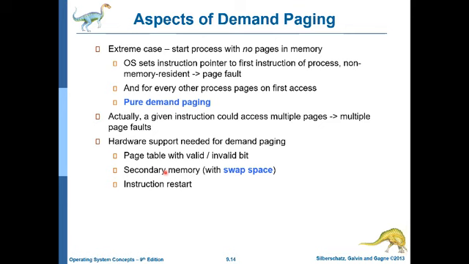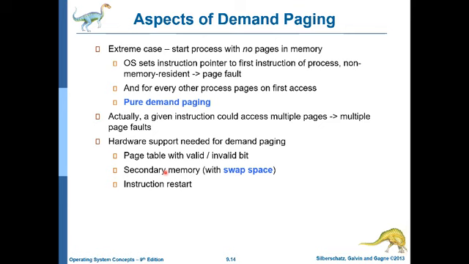Another thing is that a given instruction could access multiple pages at the same time. There will be one instruction, but it may be referring to a page for some data and another page for another part of the data. So in one instruction, many page faults may be generated, and when all those pages are loaded into main memory, this instruction will be executed.